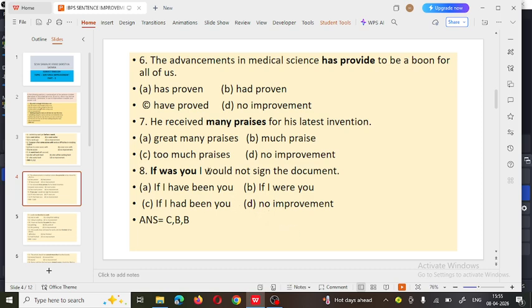When we want to use an imaginary sentence, at that time "were" must be used with I. So the sentence should be if I were you, means if I were at your place. That is the meaning of were. Option B is correct here. If I were you, I would not sign the document. So option B is the correct replacement for this bolded part.